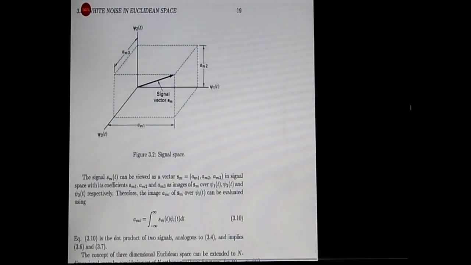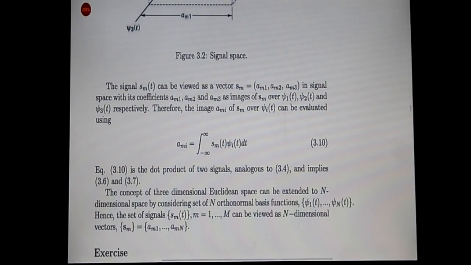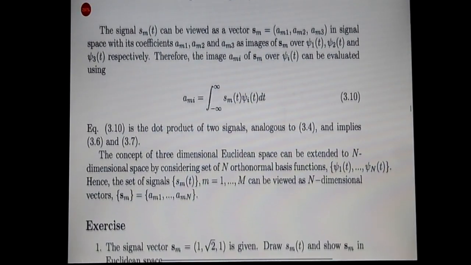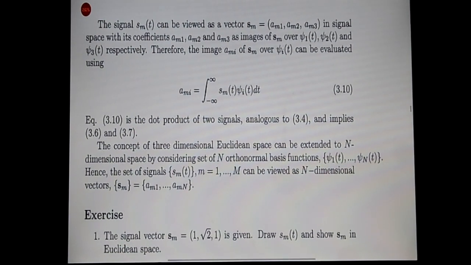Let's move to some more points here. Now it's very clear the signal Sm of t can be viewed as a vector, vector Sm, which is represented in bold, and this notation is used, the small brackets with am1 comma am2 comma am3, in signal space.